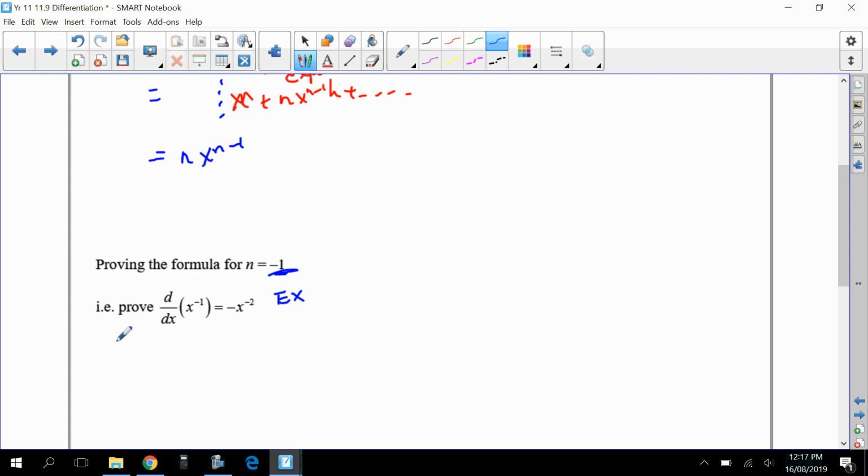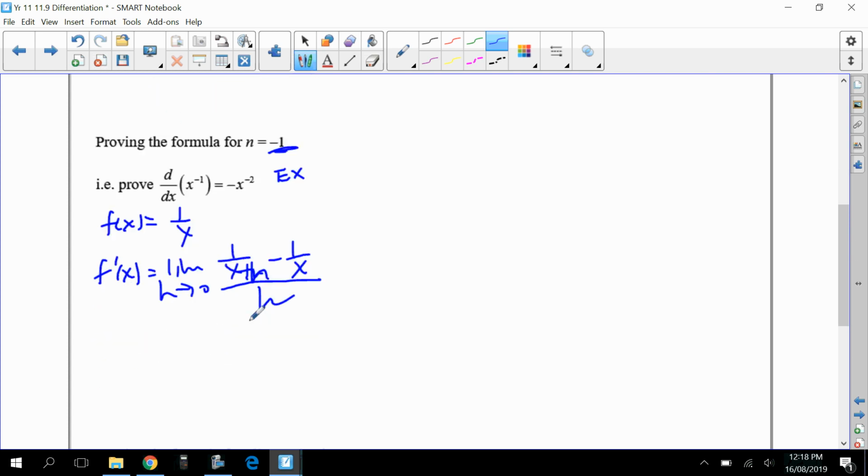So if you use first principle, f of x equal to 1 on x, and you take the limit as h approaches 0 of 1 over x plus h minus 1 over x, all over h. Write this down, and then you make a common denominator. So limit as h approaches 0, x minus x plus h over x plus h.